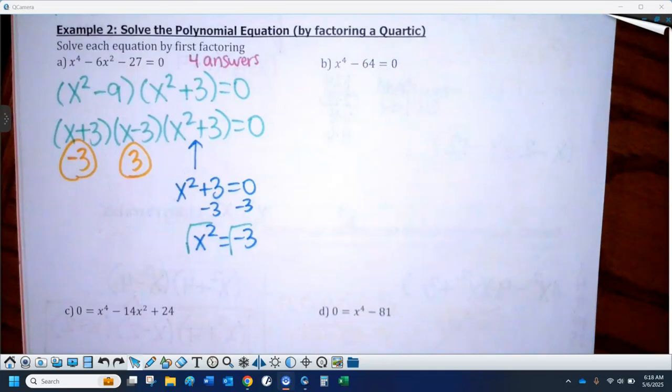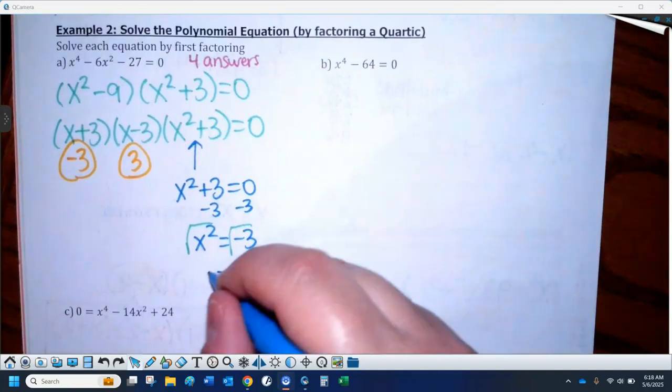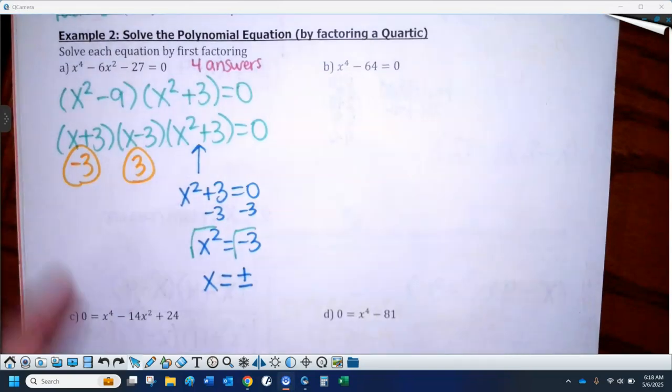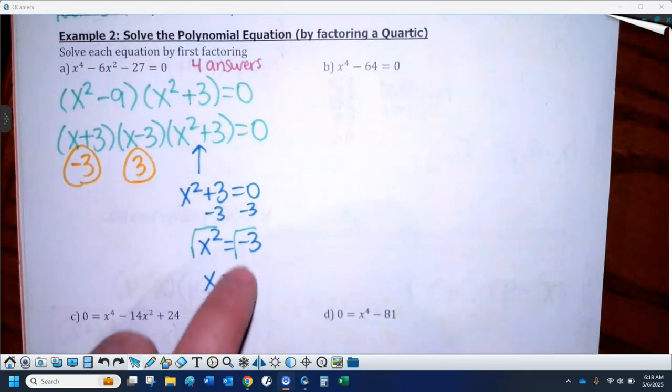Now, a couple things going on in this question. If we introduce a square root into a problem, automatically we should put that plus-minus symbol. What that also gets me is 2 different answers, positive of this and negative of this. So I've got 1, 2, this will be 3, 4.